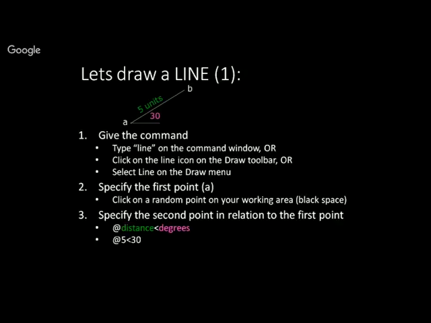So now let us start with our drawing. Let us say that a line is to be drawn of 5 units at an angle of 30 degrees, right? So let us draw it by various methods: relative coordinates, absolute coordinates, and in the Cartesian mode as well as in the polar mode.